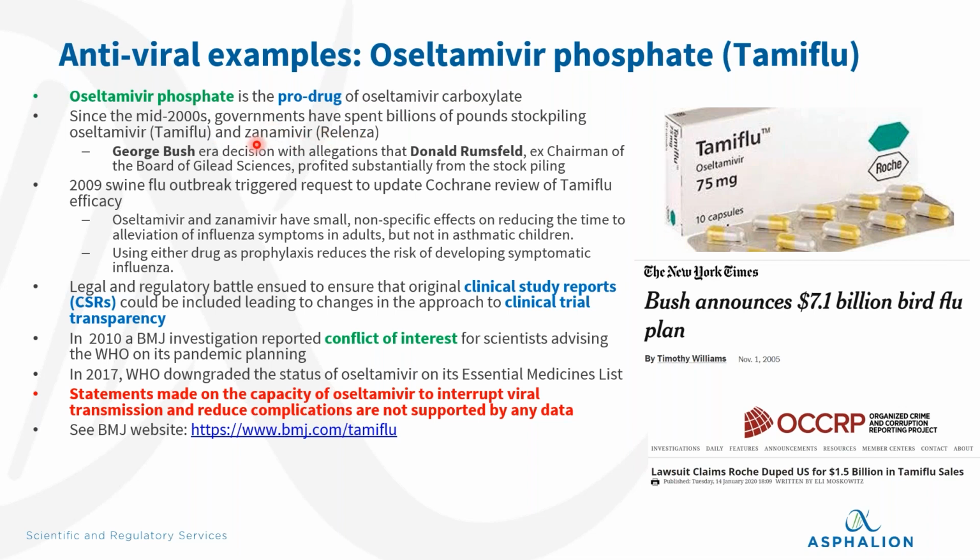At the time of the swine flu outbreak, George Bush, who was president at that time, and Donald Rumsfeld, who was the ex-chairman of Gilead Sciences, were allegedly profiting substantially from this, because the government announced $7.1 billion of federal money would go into buying these stockpiles of this drug.